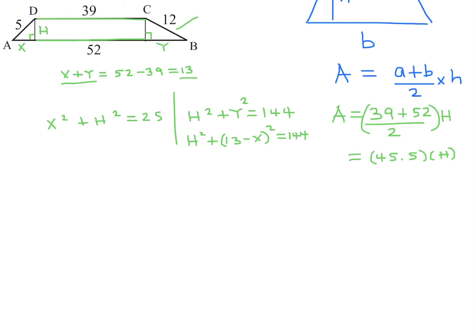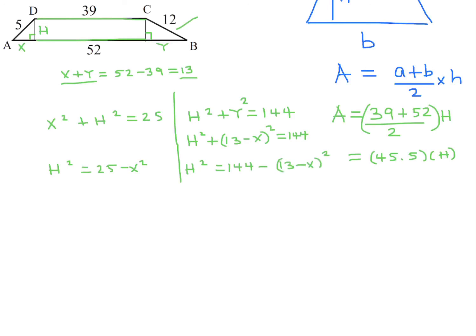And I think at this point we can just solve this. So in the first one, we get h squared is equal to 25 minus x squared. In the second one, we get h squared is equal to 144 minus 13 minus x squared, like that.